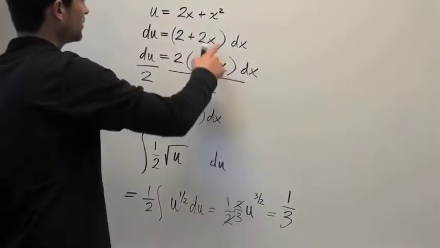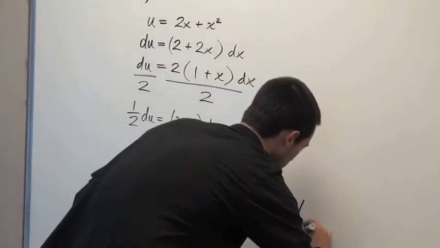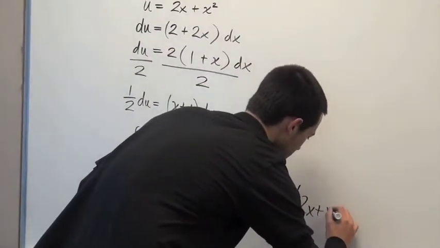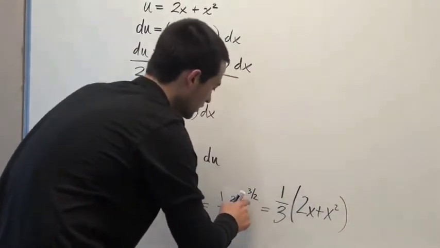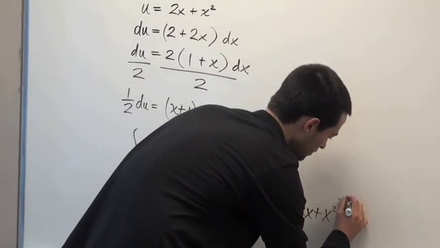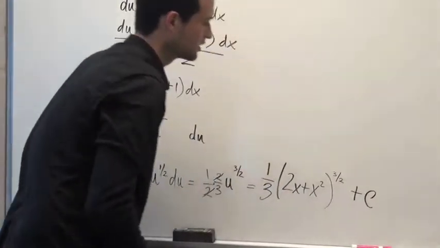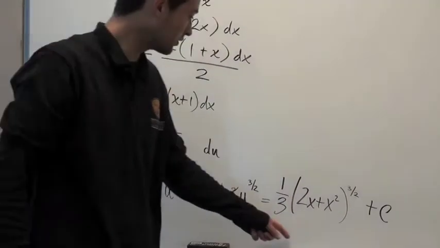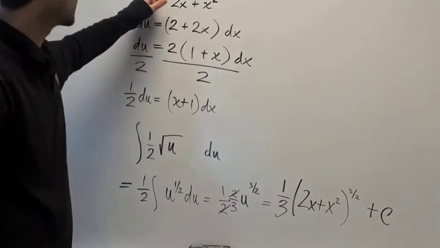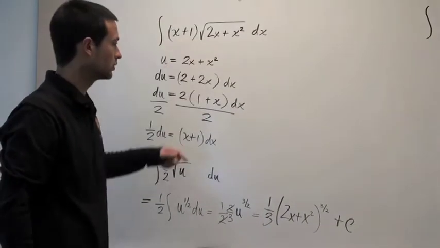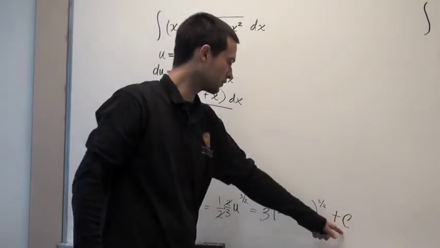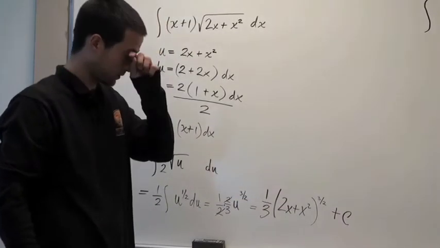Let's write what u is. u is 2x plus x squared, and all that's to the 3/2 power. And then plus c, plus a constant, because if we take the derivative of this, we should get exactly this. So that's one way to check your answer. And the derivative of a constant is just 0.